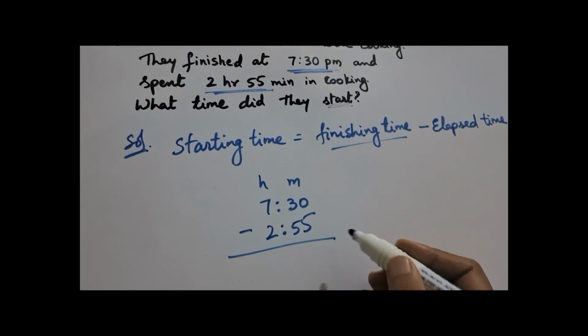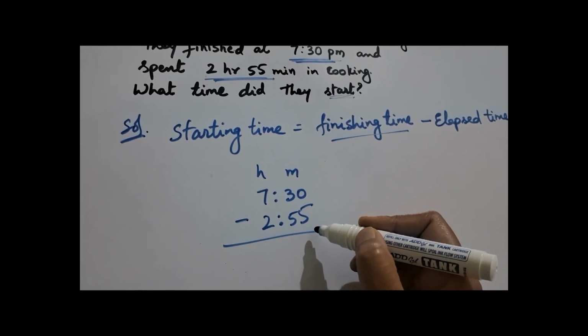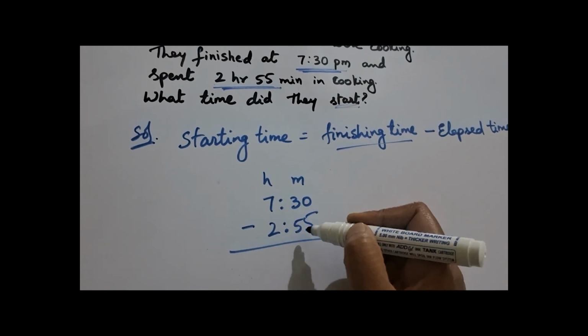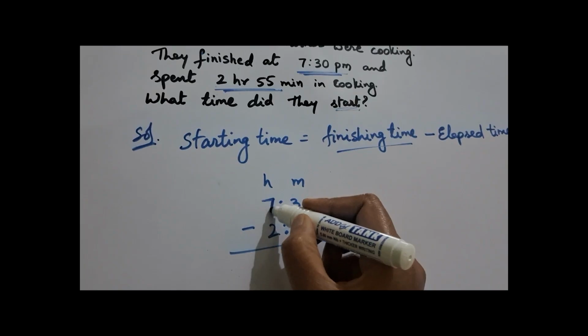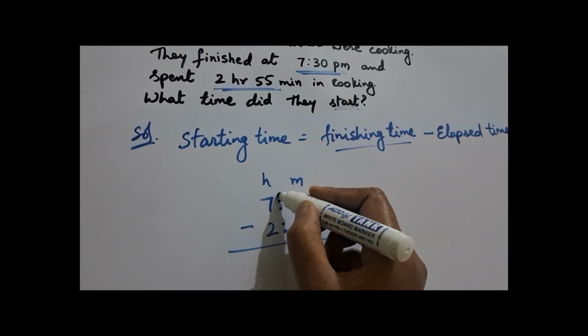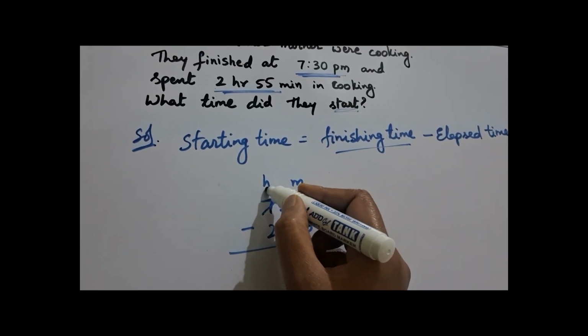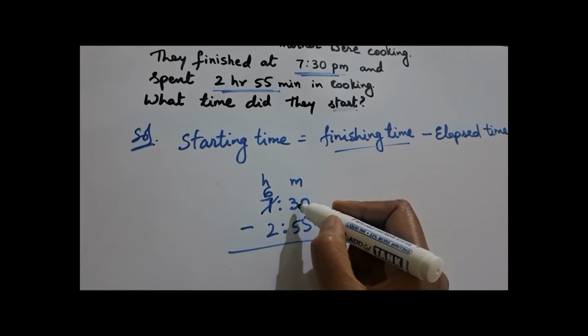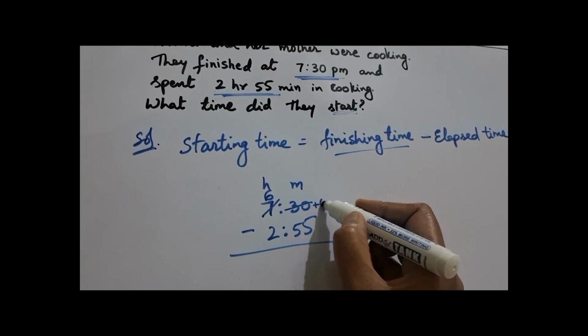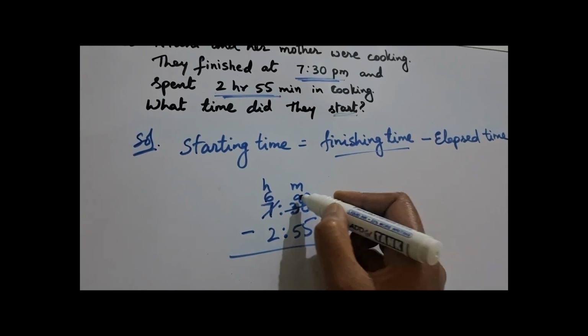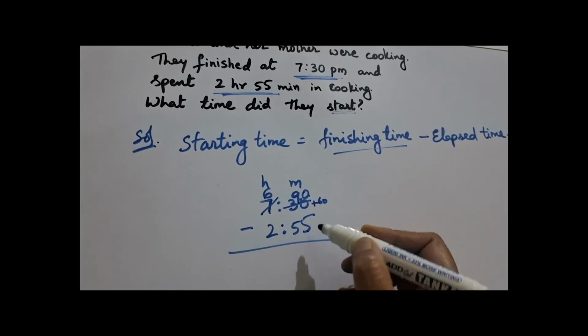Now here, we know how to do subtraction of timings, isn't it? So 30 minus 55, not possible. So we have to take 1 hour from this. Okay. So this 7 hours will become 6 hours. And this will become how much? 30 plus 60. How much? 90 minutes. So 90 minutes minus 55.